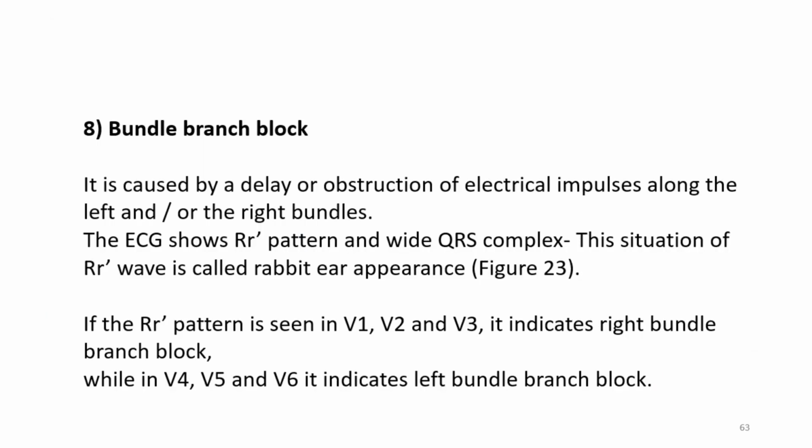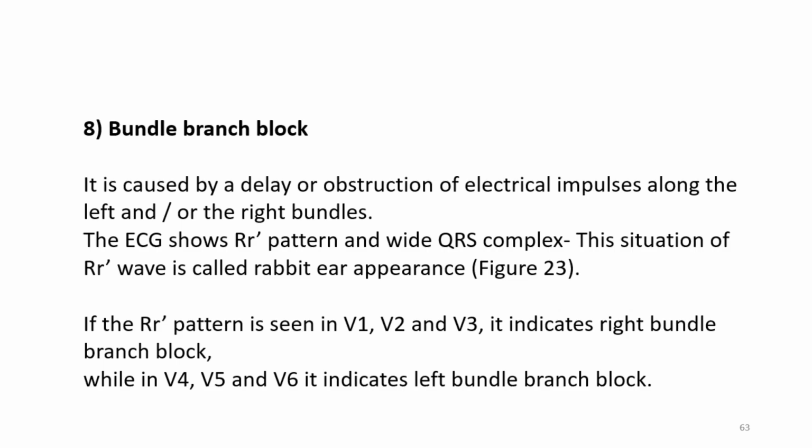Bundle branch block is caused by a delay or obstruction of electrical impulses along the left and/or right bundles. The electrocardiogram shows RR pattern and wide QRS complex. This RR wave is called rabbit ear appearance.